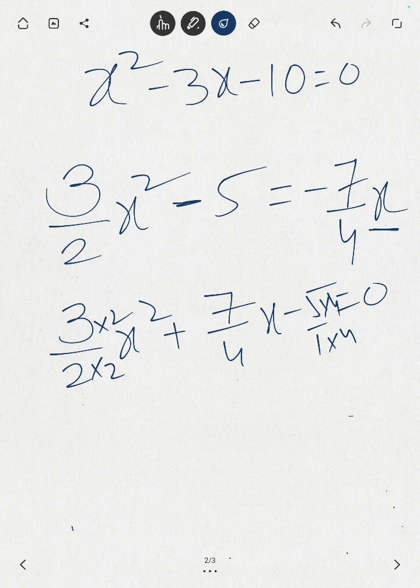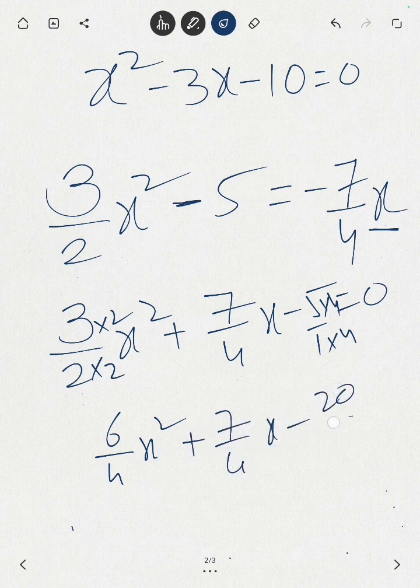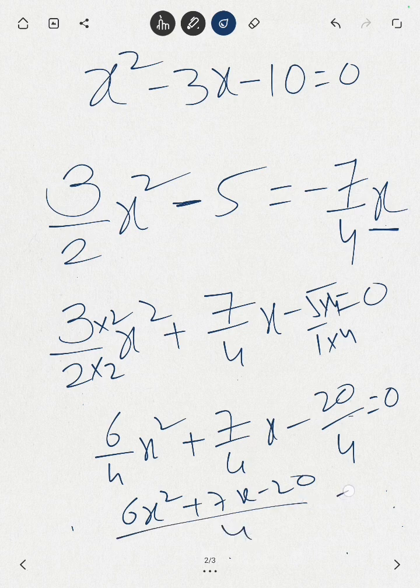So next, 3 into 2, 6 by 4x square plus 7 by 4x minus 20 by 4 equals 0. Since all are like terms, what can we do? Numerators will be added. 7x minus 20 by 4 equals 0.